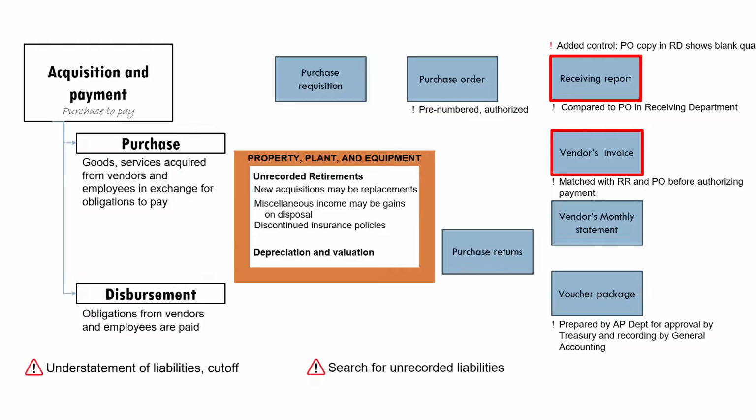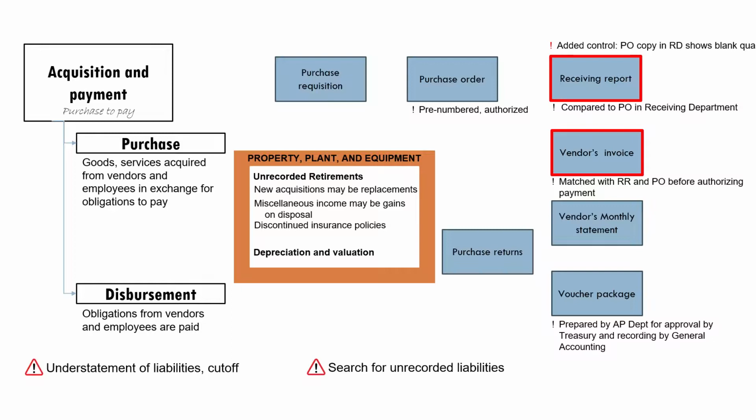And because the asset is still there in the record, it will still be depreciated because the basis for the depreciation will be whatever is in the record. And so, therefore, assets are overstated, net income will be understated because depreciation is overstated. So the auditor has to be on the lookout for possible unrecorded retirements.